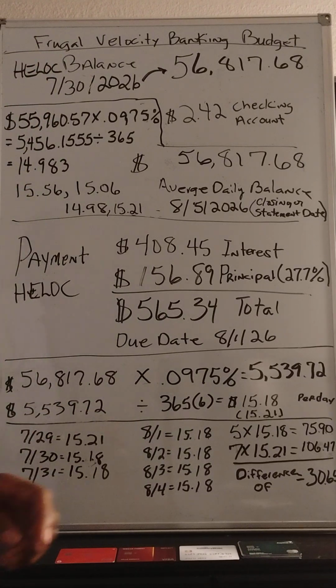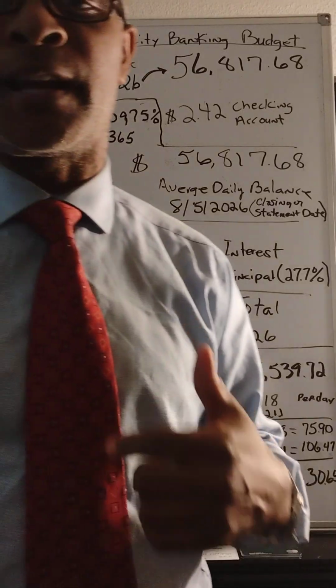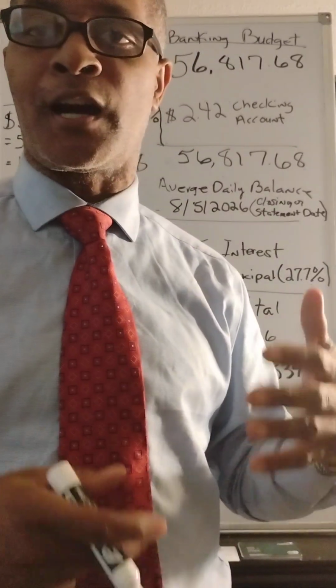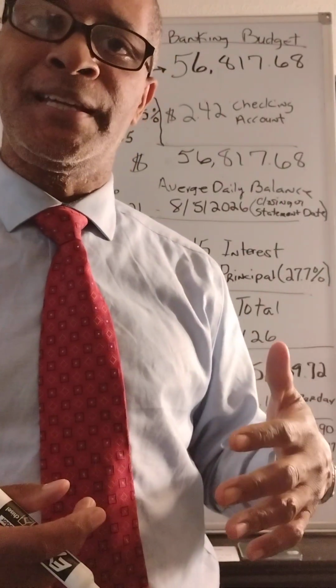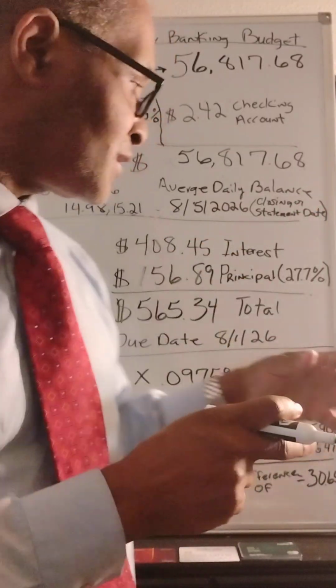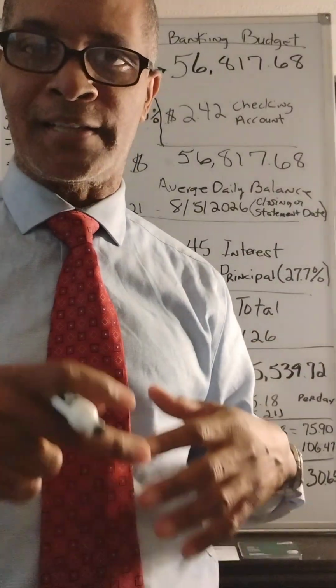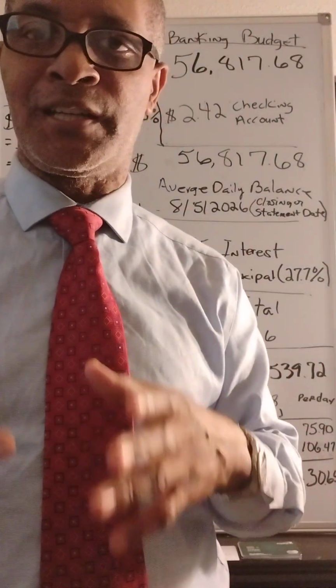So how am I using velocity banking now? I am pairing the velocity banking with a credit card strategy also, meaning that I'm trying not to touch the HELOC the best I can, but you did see how I made the payment so that it stays low as long as it can to keep the interest down.